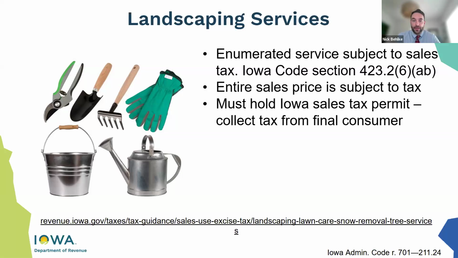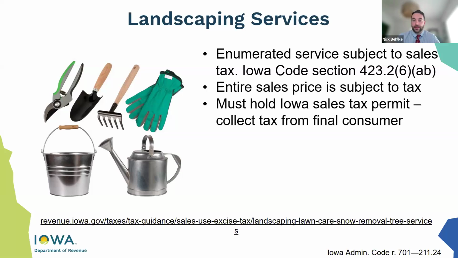You can apply for those via the GCI process that Matt mentioned earlier, and you've got to collect tax from the final consumer. The final consumer in this situation is the owner of the land to which the landscaping materials are applied, or a general building contractor when the landscaping contractor contracts with the general building contractor.